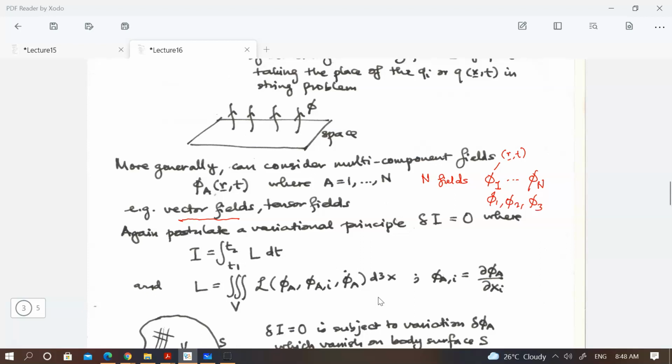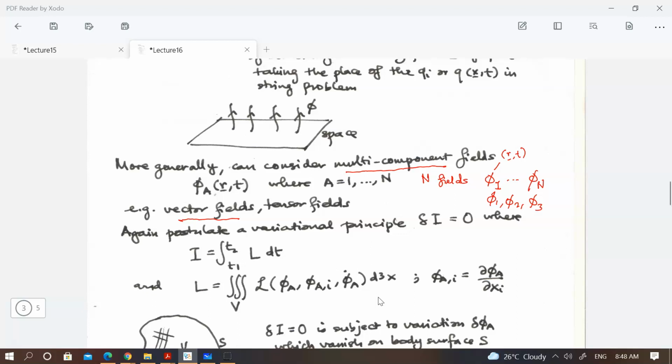In the case of, say, a covariant rank 2 tensor, you have essentially 3 times 3, so you have 9 components of your fields. But again, these are just complications to say that we can have all this idea of vector fields and tensor fields being just considered as multi-component fields.